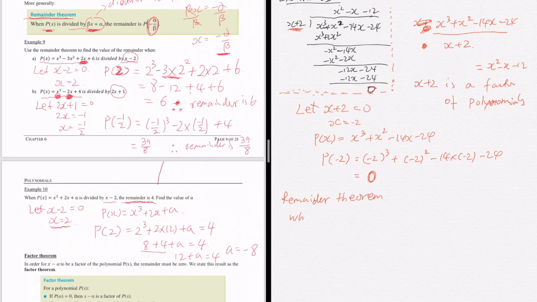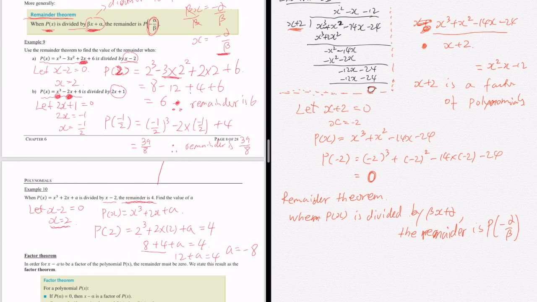We know the remainder theorem is when p of x, which is the dividend, is divided by beta x plus alpha, the remainder is what we get when we substitute negative alpha over beta back into our dividend. The result that you got, that's your remainder.